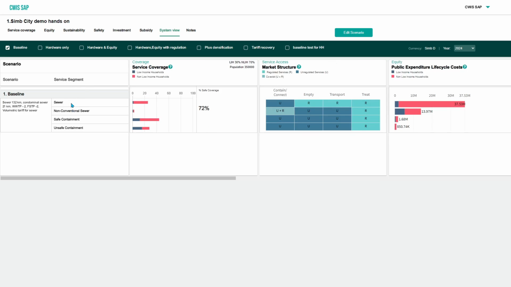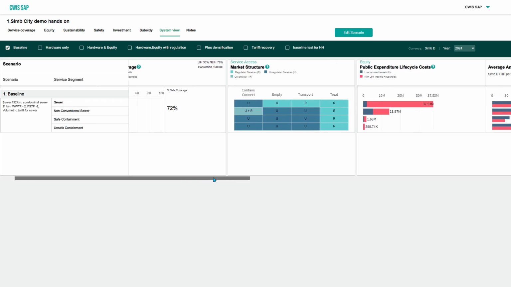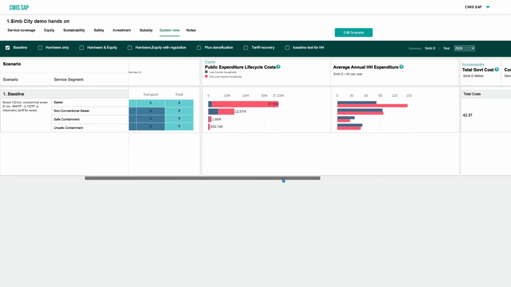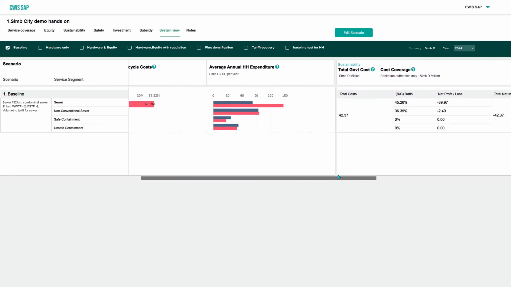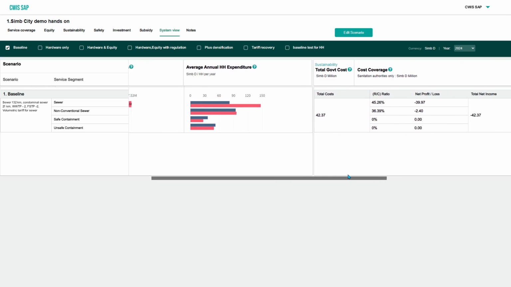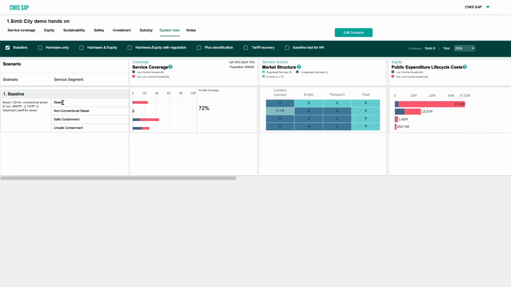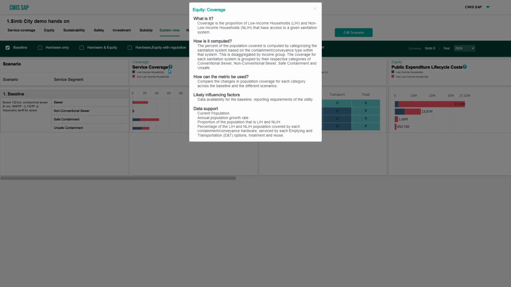As we see, the scenarios are arranged vertically and their indicators are arranged horizontally to either compare within the scenarios or between them. The results are presented along four major categories, namely sewer, non-conventional sewer, safe containment, and unsafe containment. Please press the question mark to get more information on the metric.